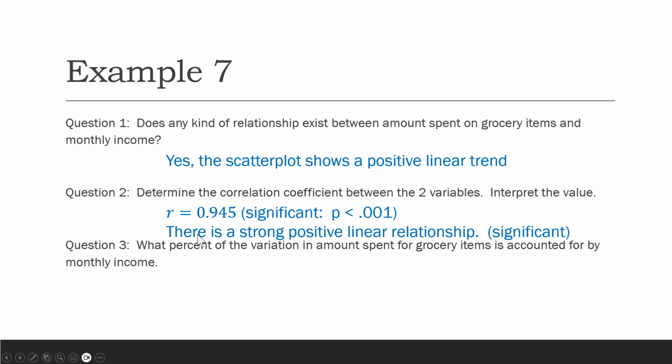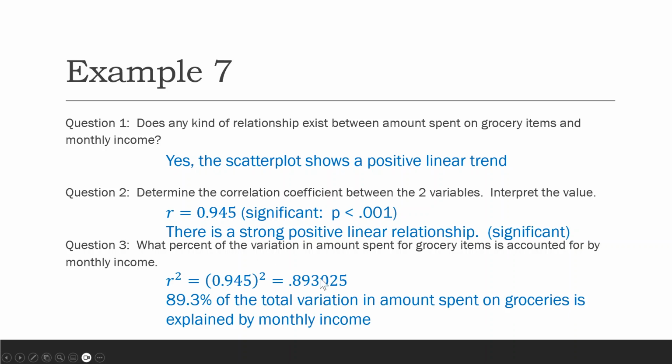That means that there is a strong positive linear relationship that is significant. And since we know this correlation coefficient, I know that if I raise it to the second power, to the second exponent, I'll get my coefficient of determination, which answers question 3.